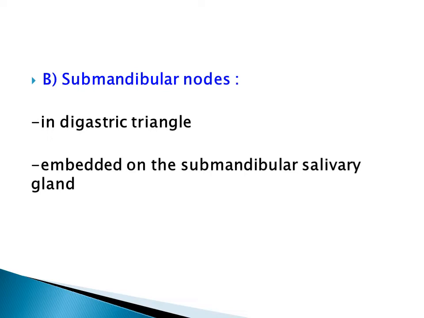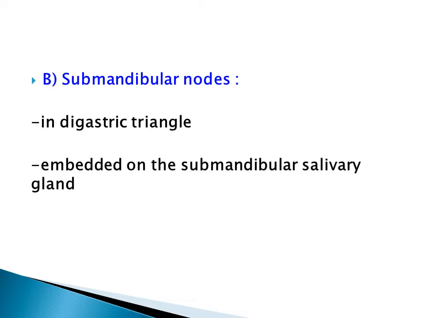Submandibular nodes are usually about 3 in number. One will be present at the anterior end of the submandibular gland, and the other two will be seen behind, one in front and one behind the facial artery.